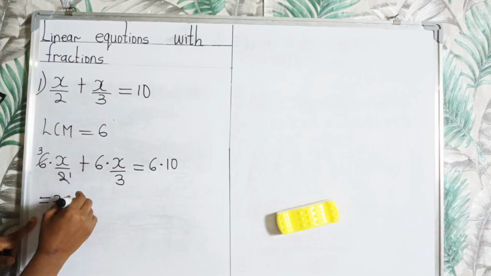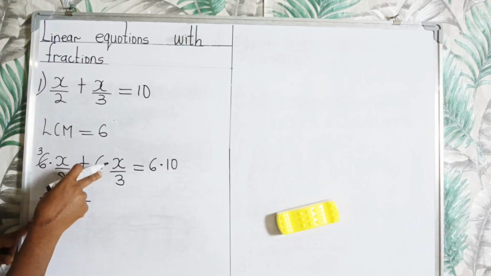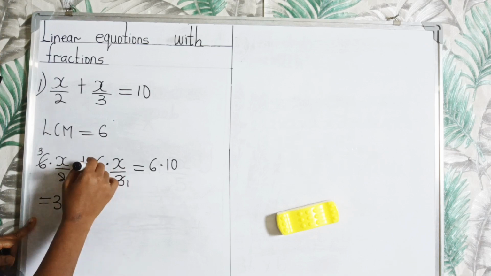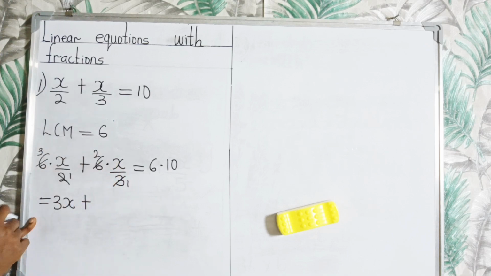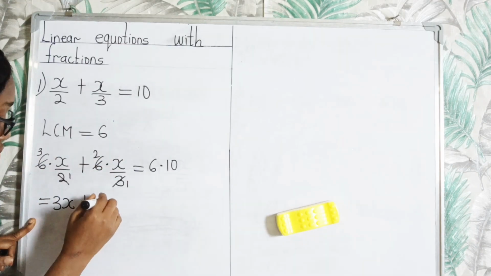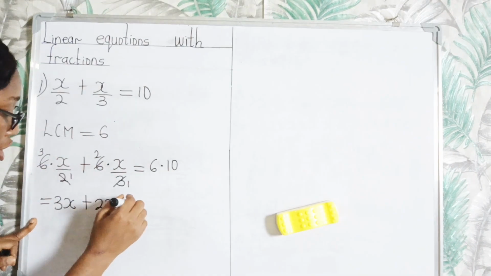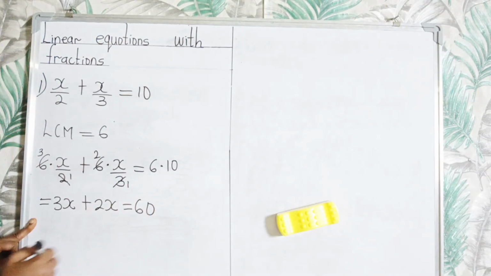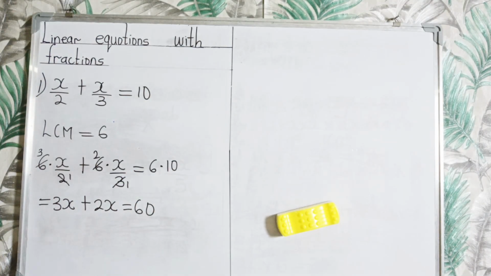And then we come here, plus 6 is divisible by 3, so 3 will divide itself 1, will divide 6, 2. All right, so 2 times x is 2x, and this is equal to 6 times 10 is 60. You see? So we can now solve our equation.